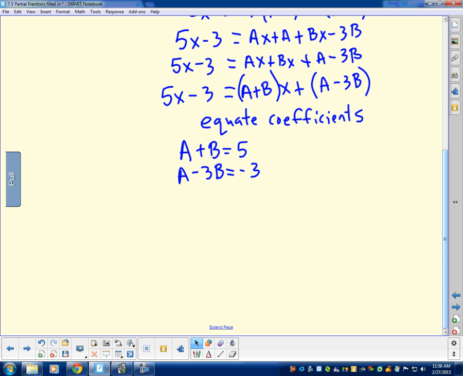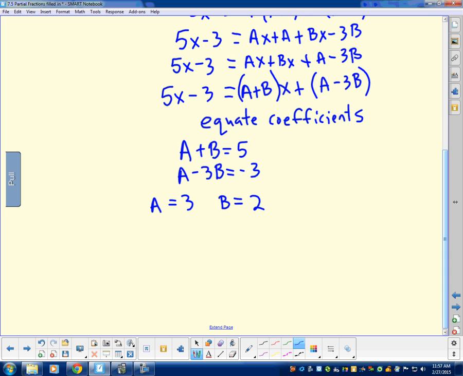So using the method of your choice, you can go ahead and solve for a and b. Why don't you do that right now? You can use substitution or elimination, or guess and check maybe here. And we have a equals 3 and b equals 2.